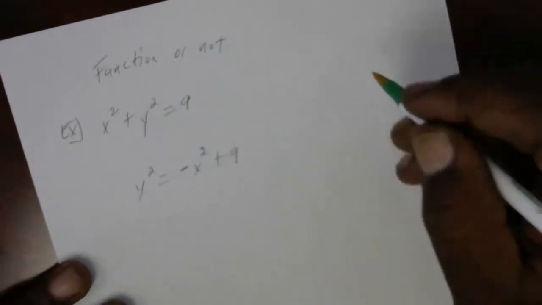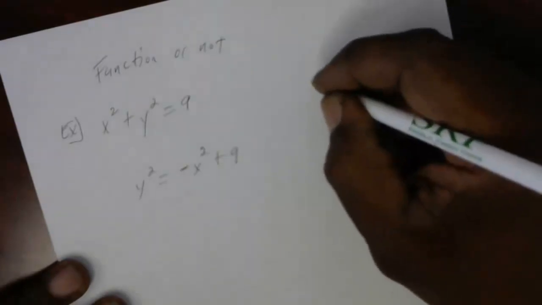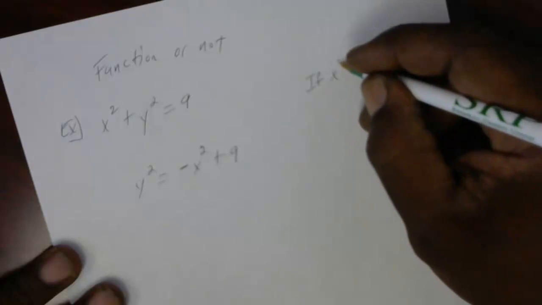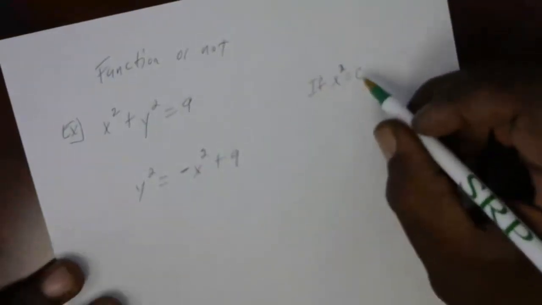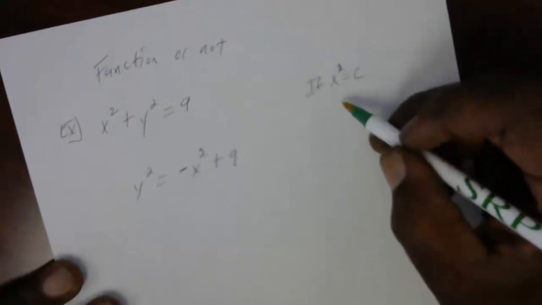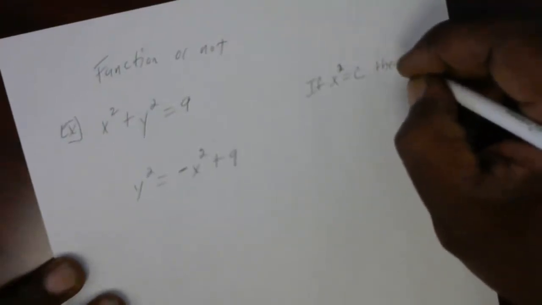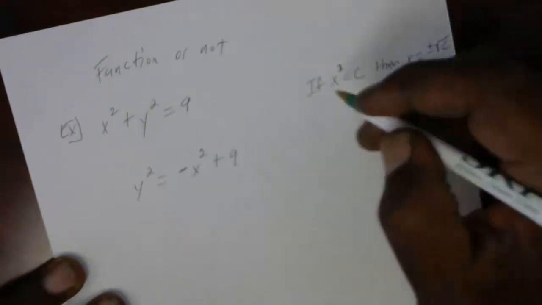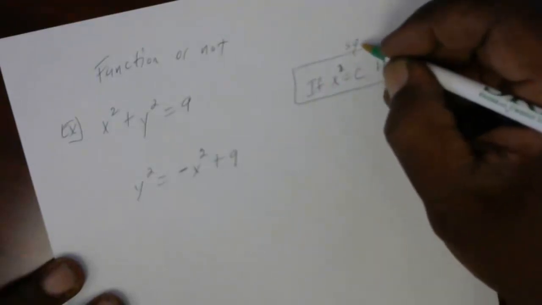And remember from intermediate algebra, the square root property says that if x squared equals c, the variables may have been different in your previous courses, then x equals plus or minus the square root of c. And this was that square root property.